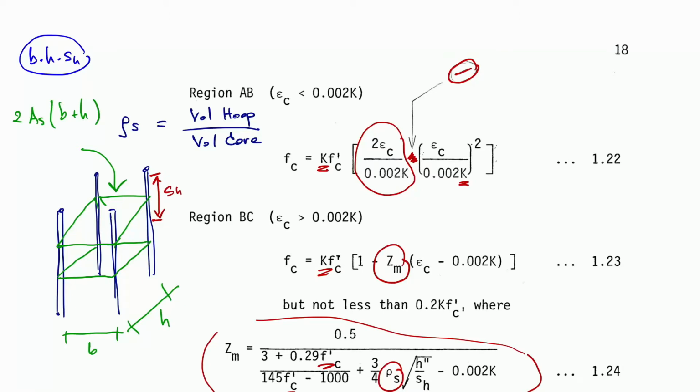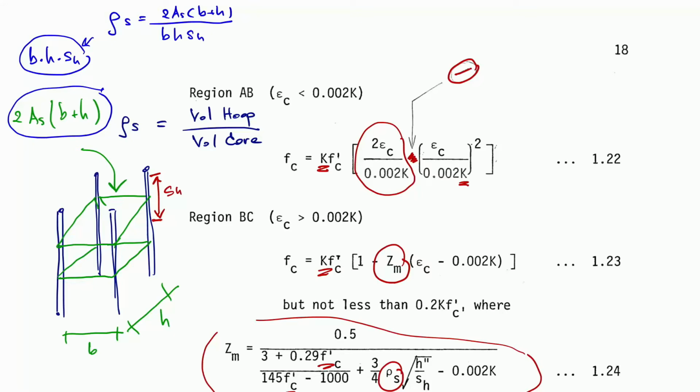This is the confined core, and this is the volume of the steel. So take this volume and divide by this one. It turns out to be 2AS times B plus H divided by B H SH. So you come up with rho S.